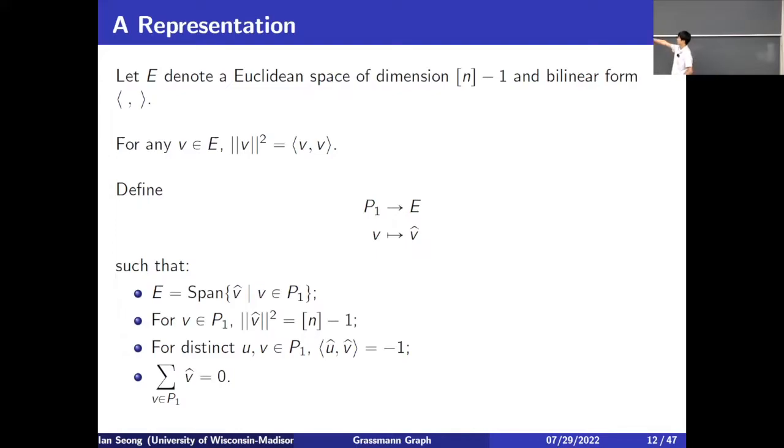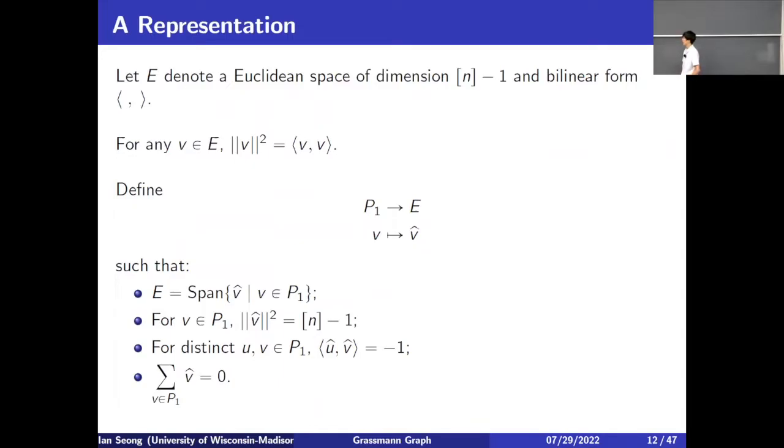The hat is the function that we're defining here. So it's going to be the span of v hat where v is in P1. And for v in P1, the square norm has to be bracket n minus 1. And for distinct u and v in P1, we want their inner products to be -1. And the sum of all v hats should equal 0.